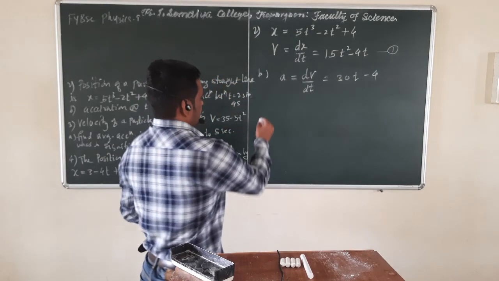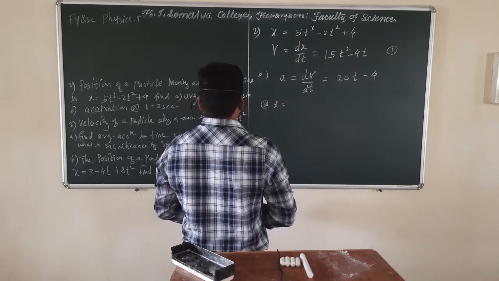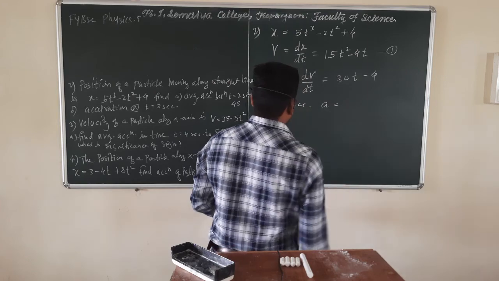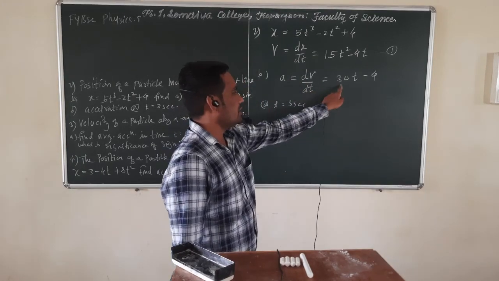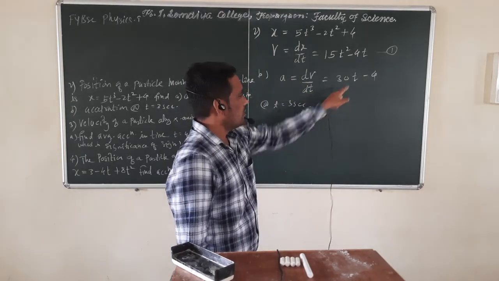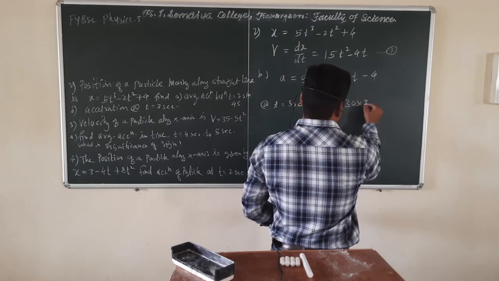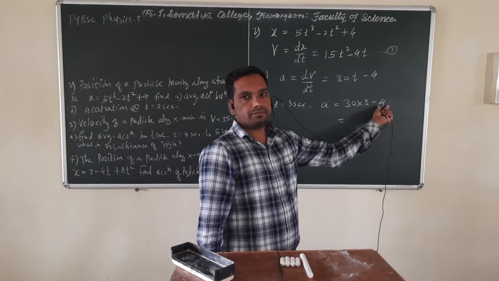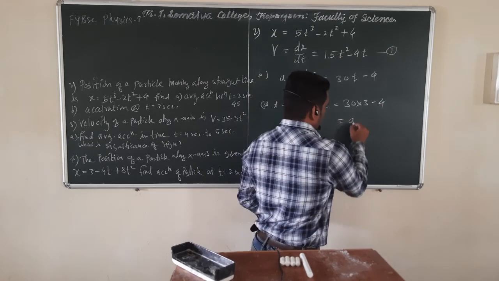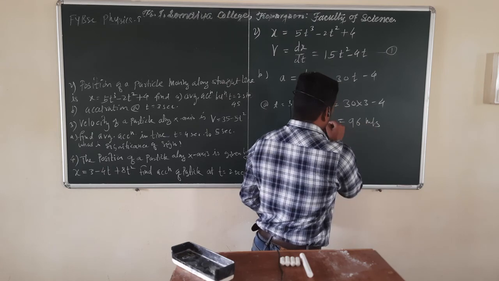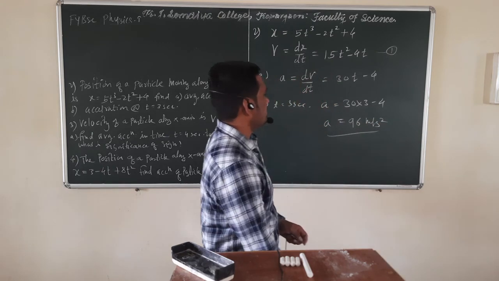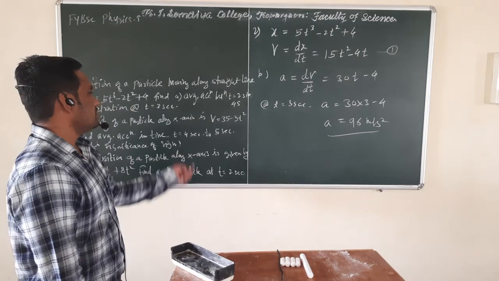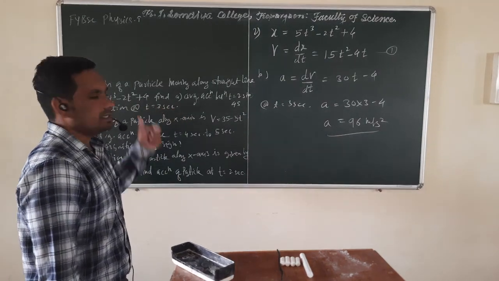Now at t is equal to 3 seconds, in this equation we have to put t equal to 3. So 30 into 3 minus 4, so 90 minus 4, so that will become 96 meter per second square. So this is the equation for instantaneous acceleration, which is acceleration at t equal to 3 seconds.